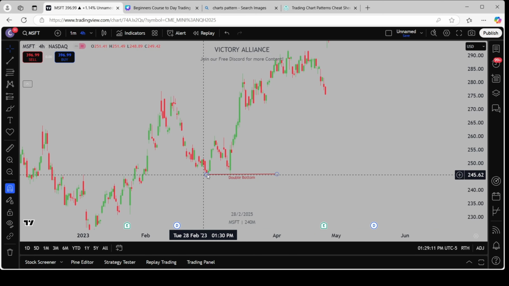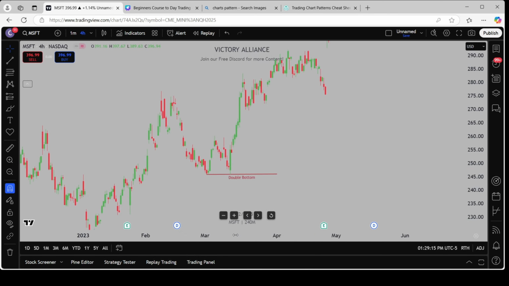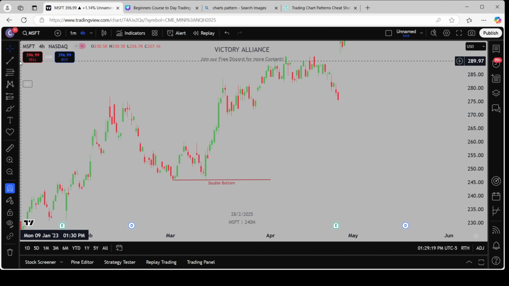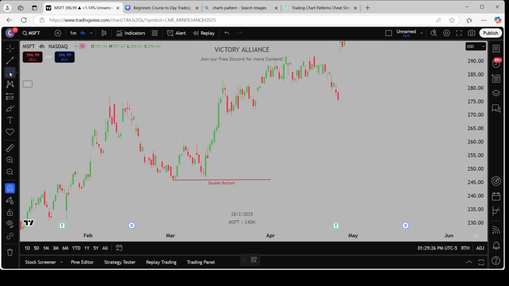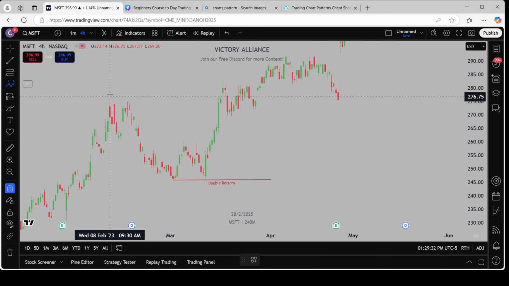All right, here's a double bottom. I did a video about this too. All right, so this is a double bottom. Let's see what I can use. Not that one. Let's try this one. This is a double bottom.